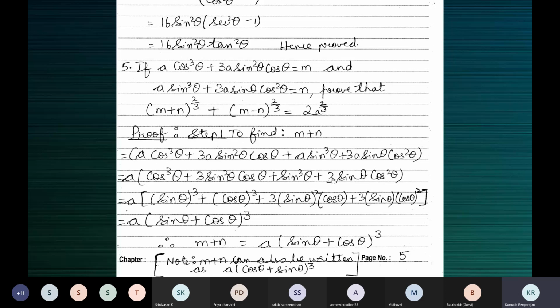Immediately you get the clue: it should be that a plus b the whole cube formula. And then you can see 2 perfect cubes, cos cube theta, sin cube theta. So yes, it is a cube plus b cube plus 3a square b plus 3ab square, which is a plus b the whole cube. That's it. So that's about m plus n.